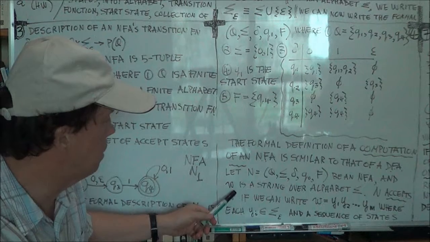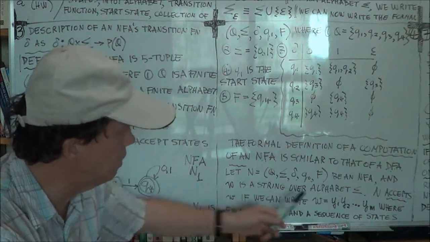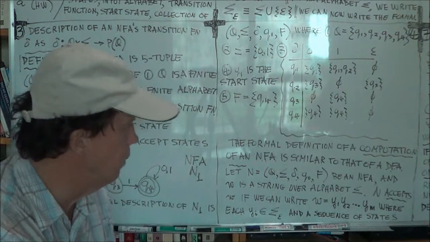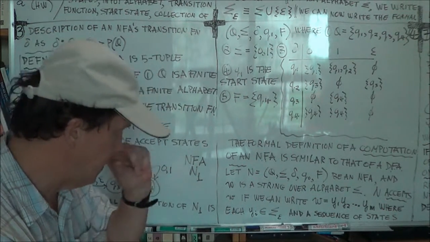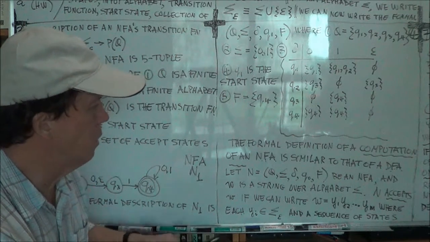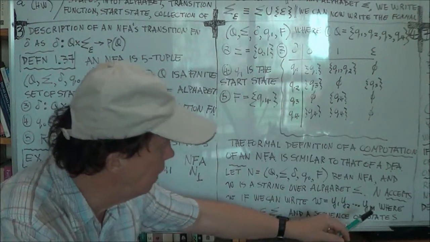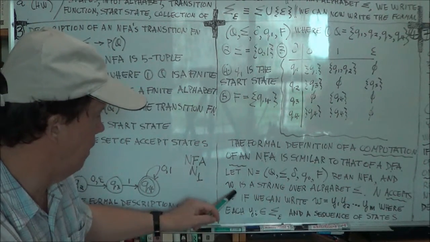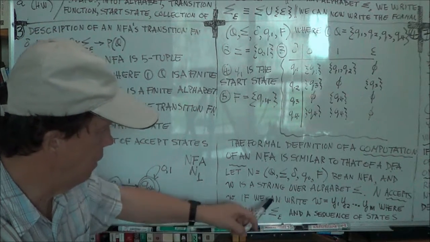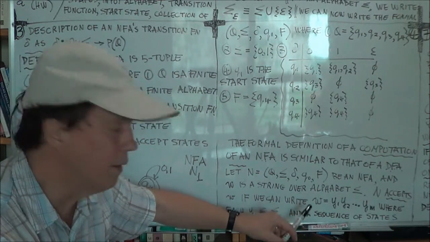Okay, and it uses symbols that belong to an alphabet, capital sigma, right? And a computation occurs, meaning that this machine, this NFA, this N, accepts this string W if, here's where we get somewhat abstract, pure maths like, okay?